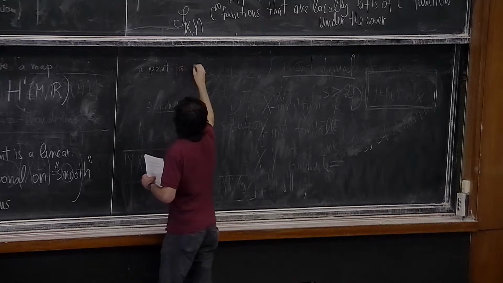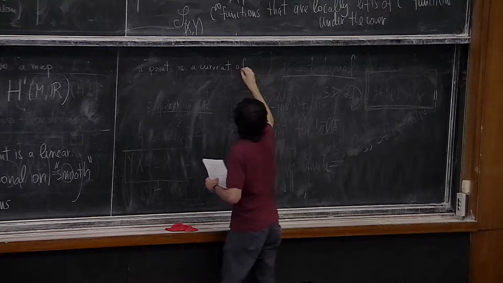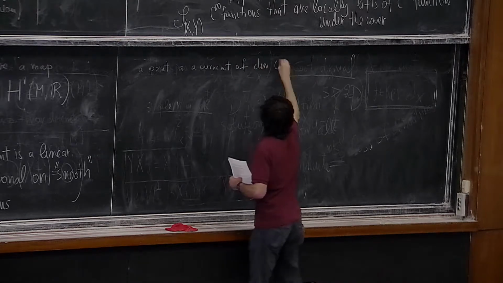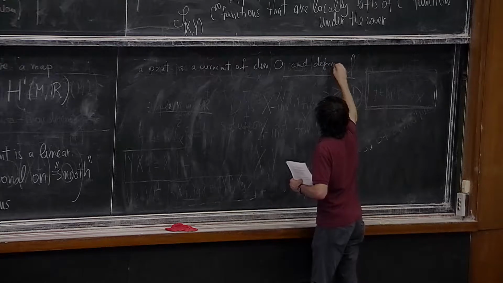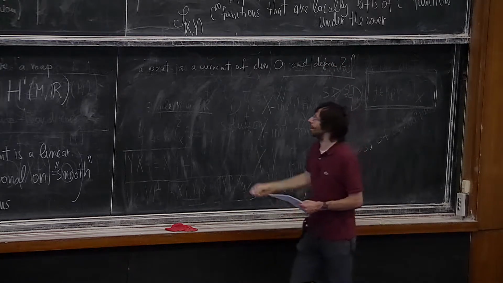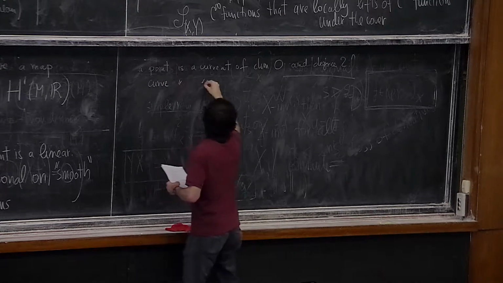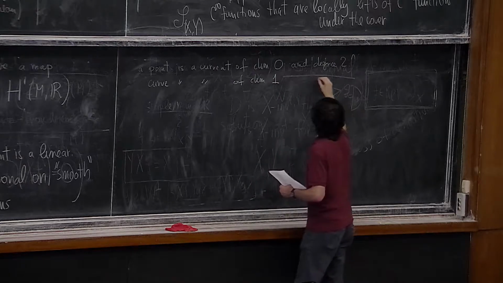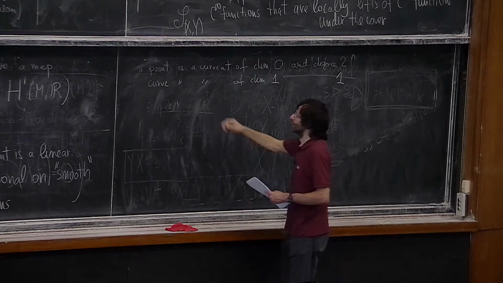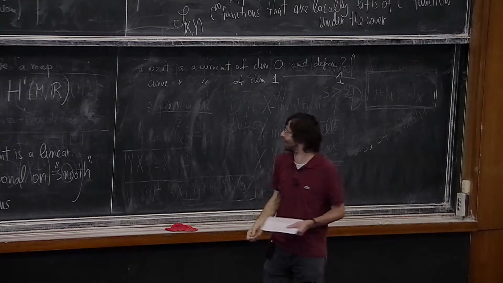So, for instance, a point is a current of dimension 0 and degree 2. A curve is a current of dimension 1 and degree 1, and an open set, you can see the rest. Why is that?